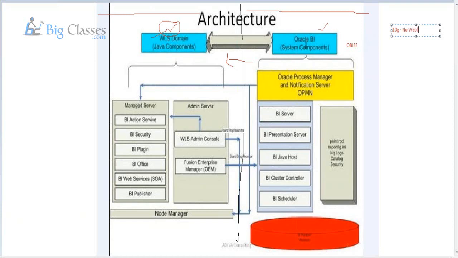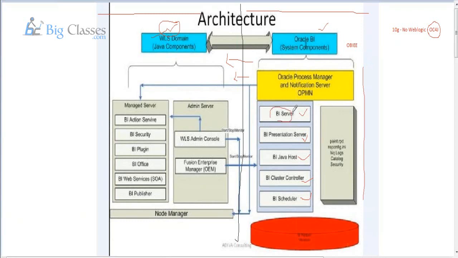In the 10G version, one server is there. In 11G, those run on the WebLogic server. This is the high level information. When it comes to OBIEE, there are 5 independent servers. In the OBIEE architecture itself, 5 components are there.